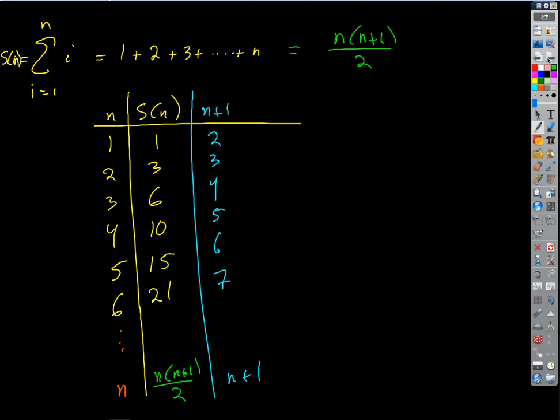So now what about i squared? Let's try that one. All right, so now we've got the sum of i squared equals what? So that's just going to be 1 squared plus 2 squared plus 3 squared all the way up to n squared, right?